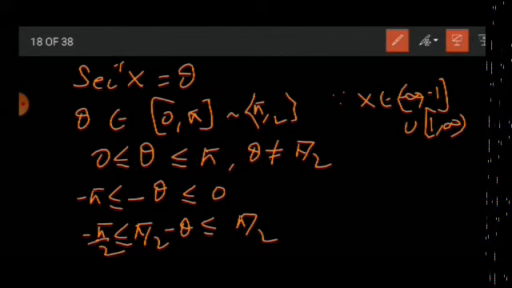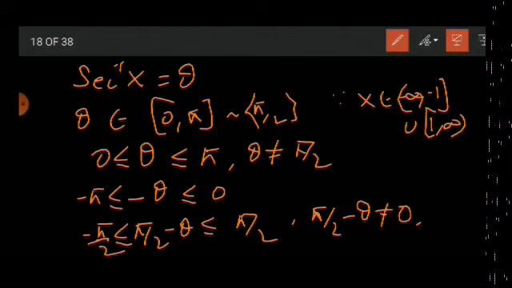So directly I am writing minus pi by 2 to pi by 2. So pi by 2 minus theta lies between minus pi by 2 and plus pi by 2, right? And mind this point, pi by 2 minus theta shouldn't be equal to 0. This much you know.